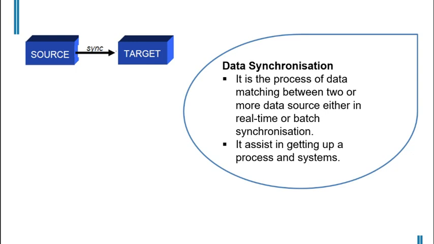And you frankly allow your sources or devices to have specific moments where they go online and synchronize their offline data with the online data. It is the process of data matching in this case between two or more data sources, either in real time or batch synchronization. So you can do this promptly.